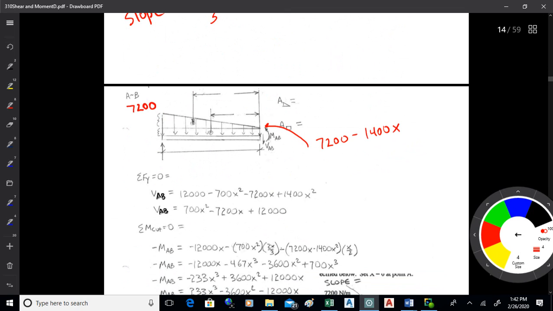This is 7,200 minus 1,400x. So what that leaves on the top is the difference, and that's just 1,400x. So the height of the rectangle is 7,200 minus 1,400x. The height of the triangle that sits on it is 1,400x.